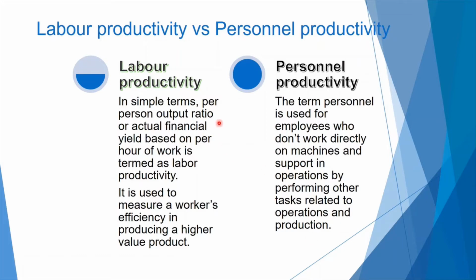So, a simple difference between labor productivity and personnel productivity: labor productivity is the efficiency of workers, and personnel productivity is the efficiency of experts and workers that do not work directly on machines.